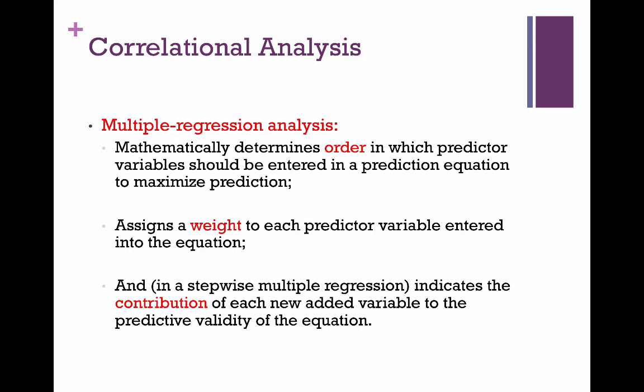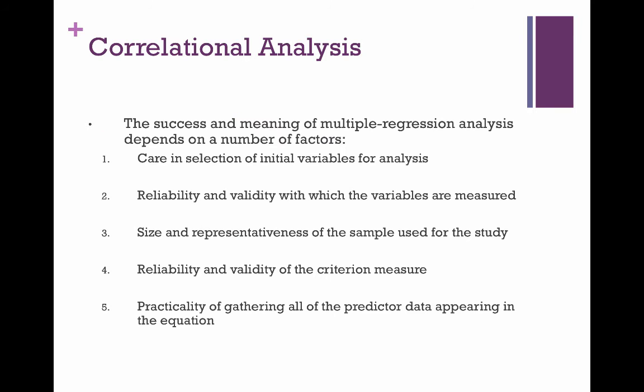We would use multiple regression analysis, which mathematically determines the order in which the predictor variables should be entered into the prediction equation to maximize your prediction. It assigns weight to each predictor variable, and stepwise multiple regression indicates the contribution of each new added variable to the predictive validity of the equation.